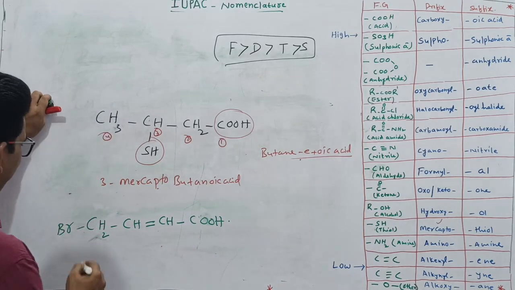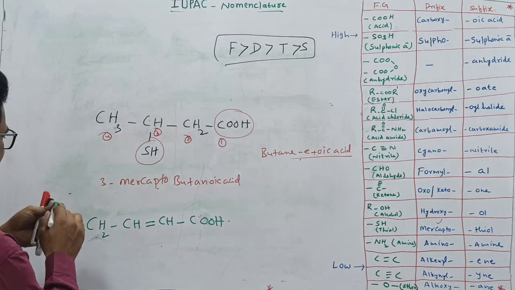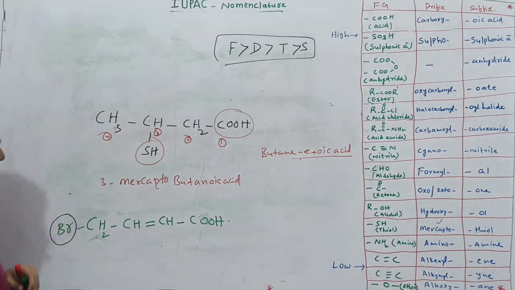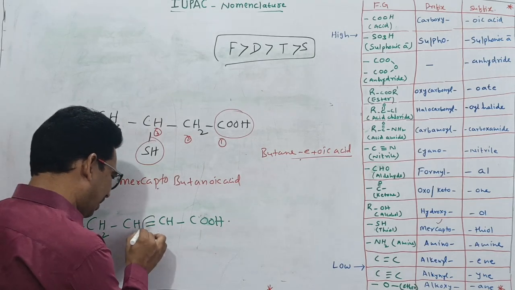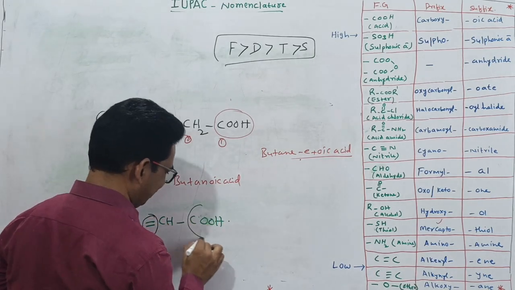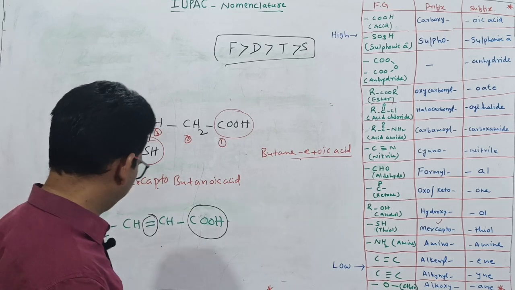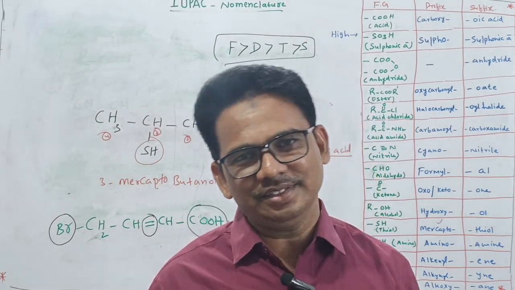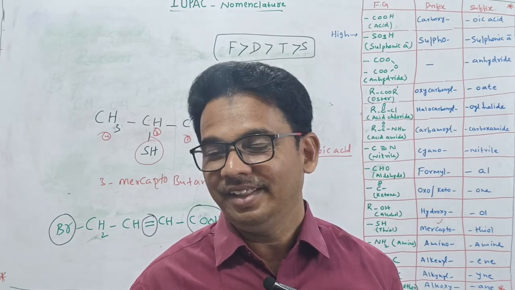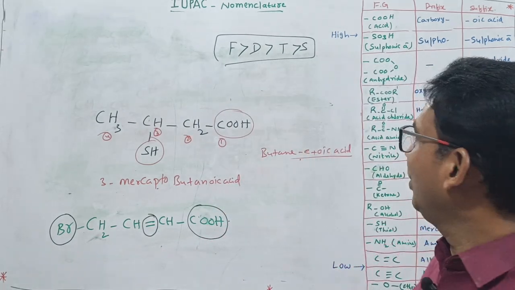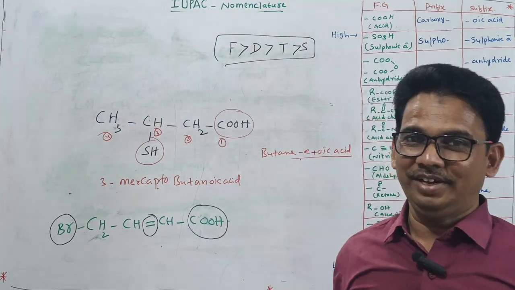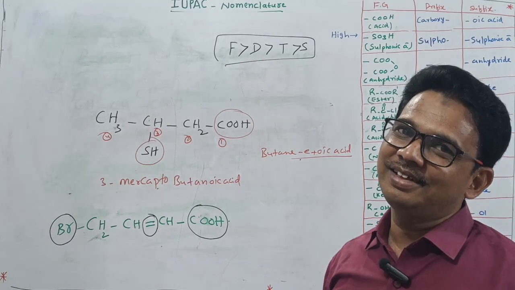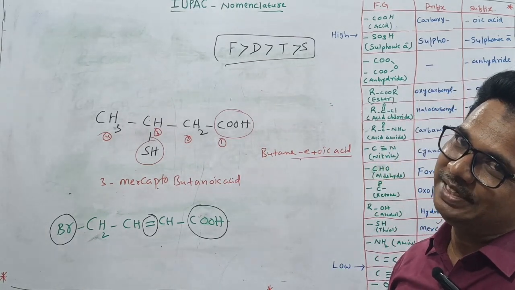Then see here, इसमें गौर से देखो. Substituent also there, double bond also there, functional group also there. When 3 are there, then what rule do we have to follow? Functional group, double bond, then the triple bond, then the substituent.